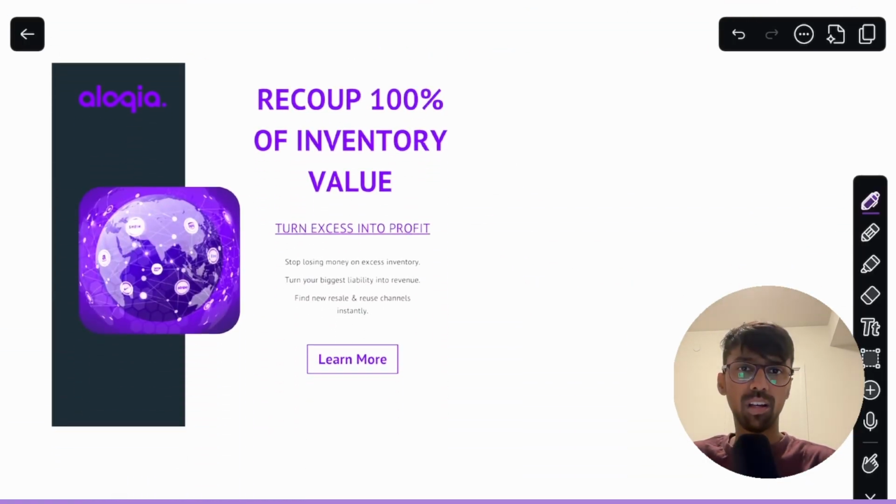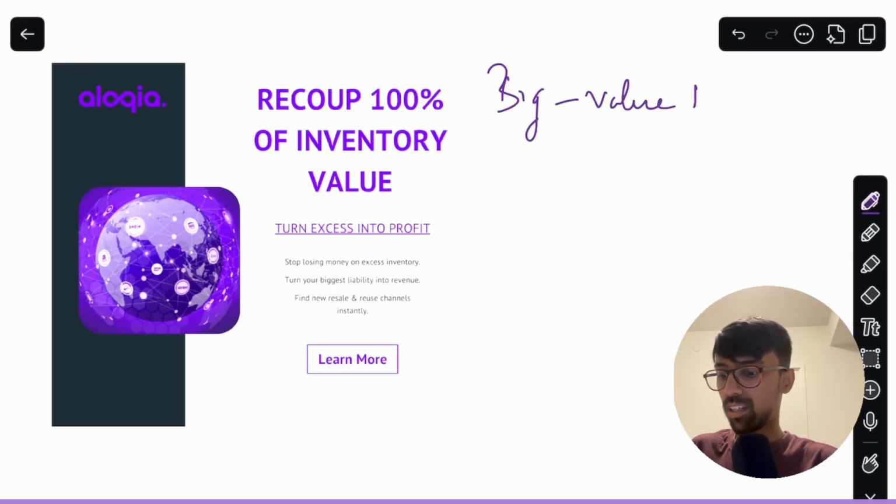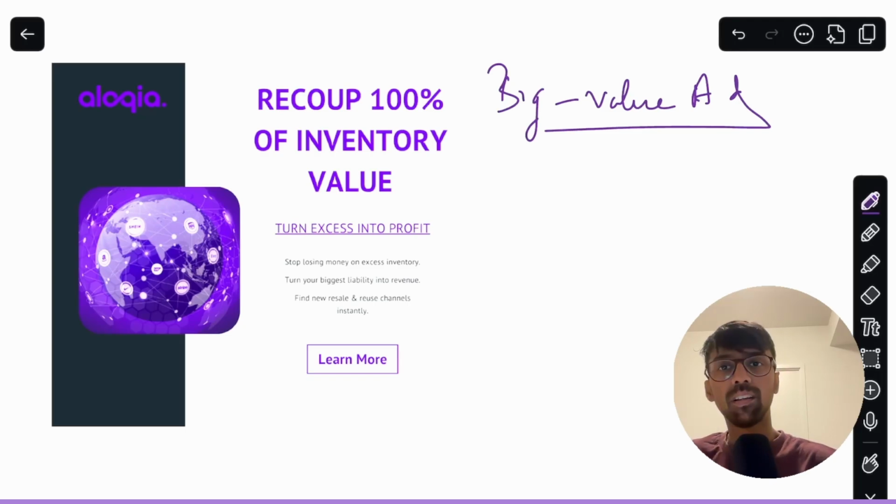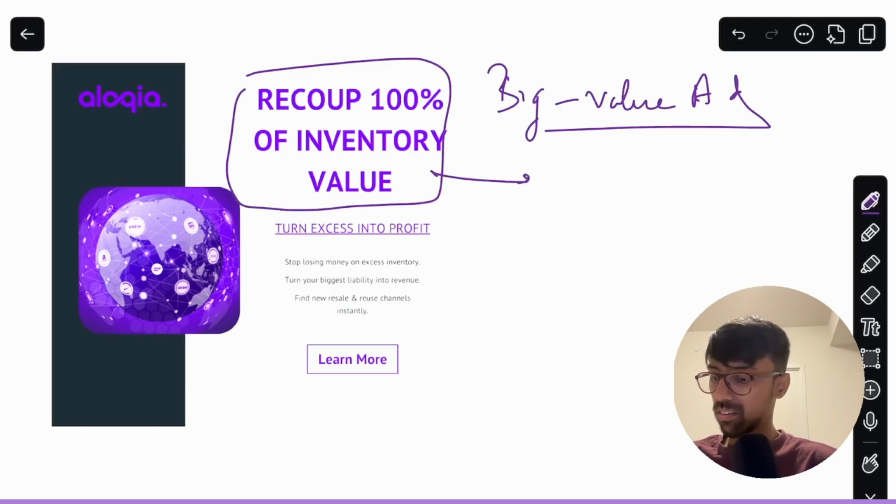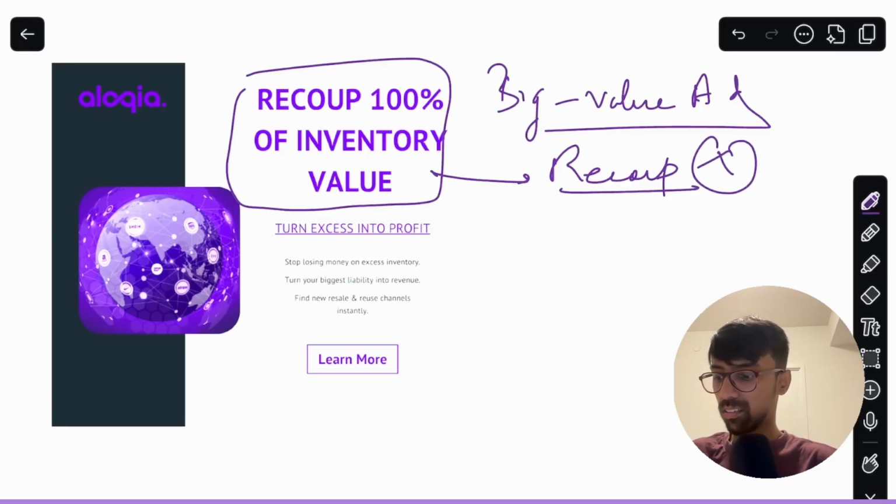The third one is what I call the big value ad. This is basically the first big headline about recoup your X value, or do X Y times better, something like that.